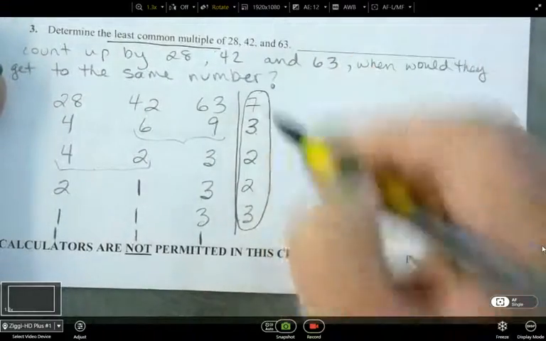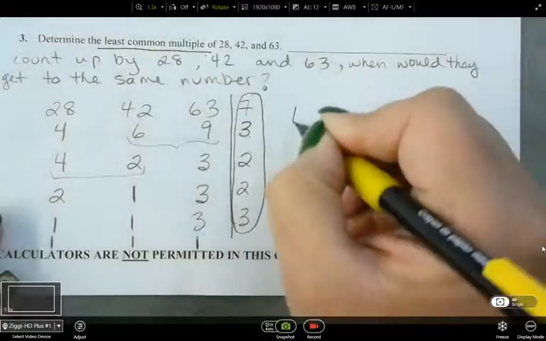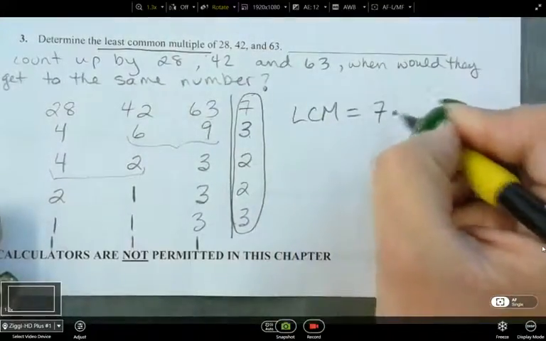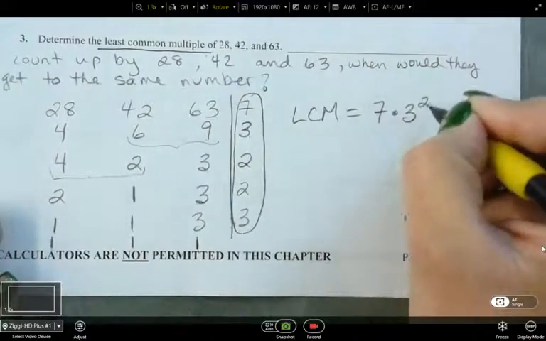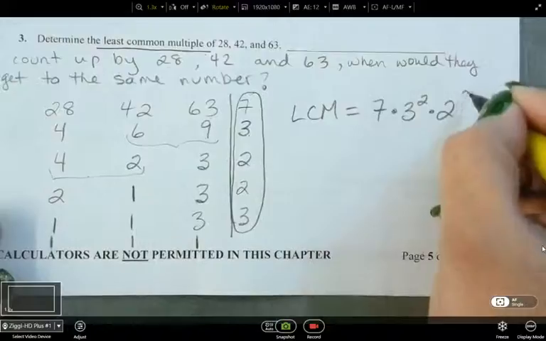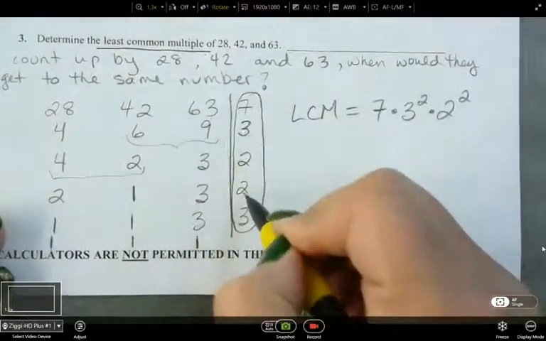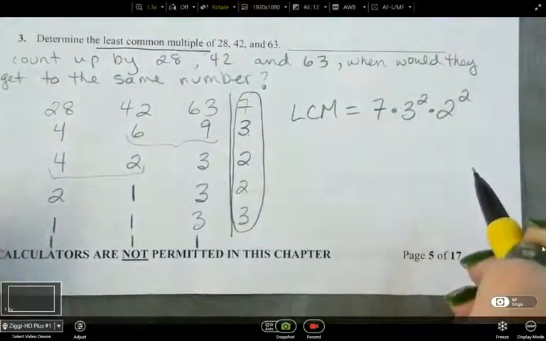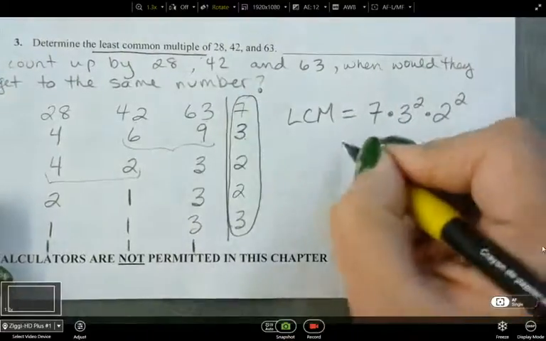Now all these numbers here, I'm going to times them together. So my lowest common multiple is equal to 7 times 3 squared times 2 squared, right? So it's the 7 times 3 times 2 times 2 times 3. I just reorganize them so that they're together. So what does that actually equal to?